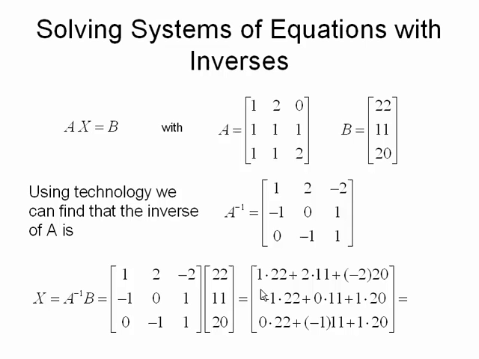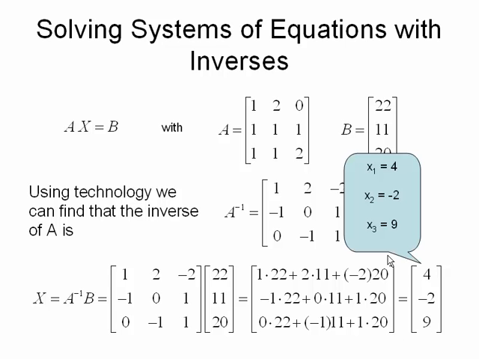So now let's simplify those 3 rows that I have there. And when I simplify them, I see that 22 plus 22 minus 40 gives me 4. -22 plus 0 plus 20 gives me -2. 0 minus 11 plus 20 gives me 9.